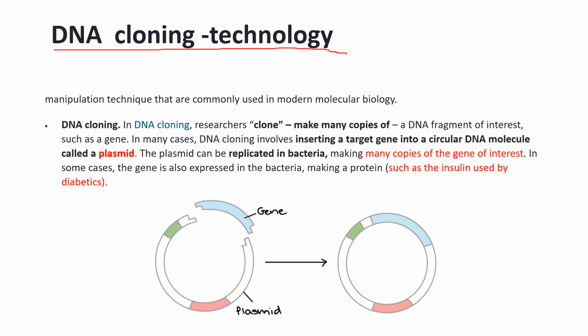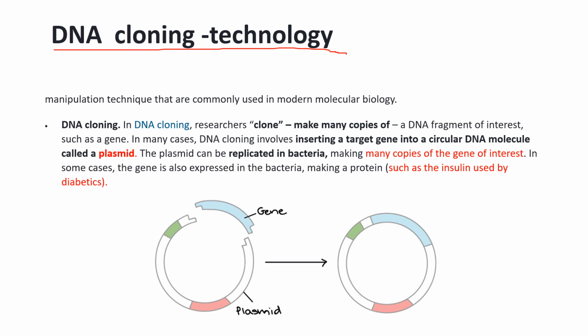In DNA cloning, researchers make many copies of the DNA of interest, and we'll go with the example of insulin. How does this process happen? It involves inserting the target gene into a circular DNA molecule called a plasmid.